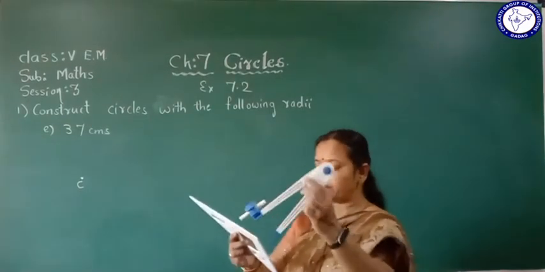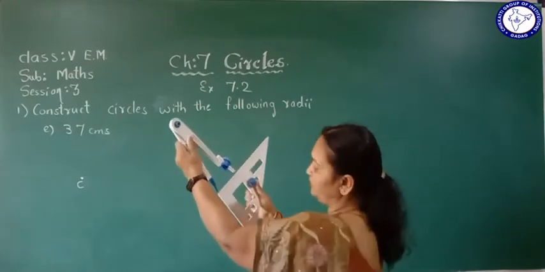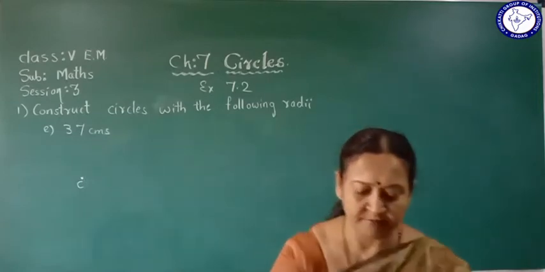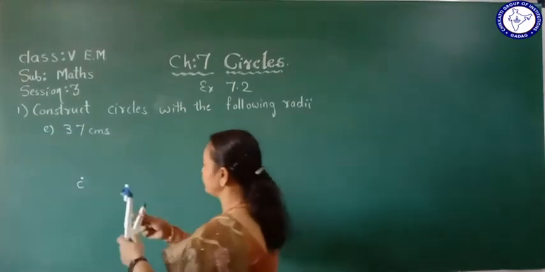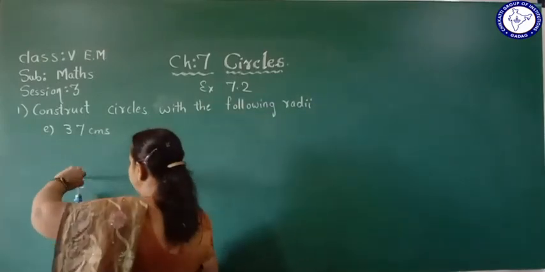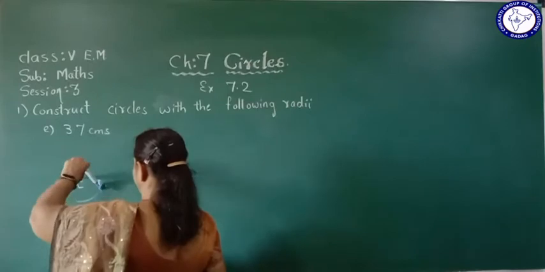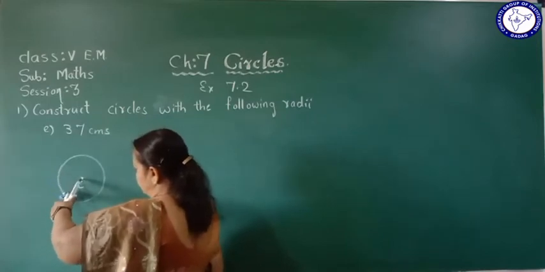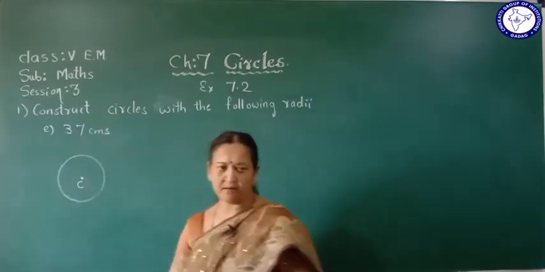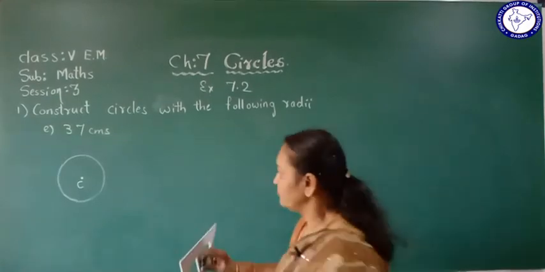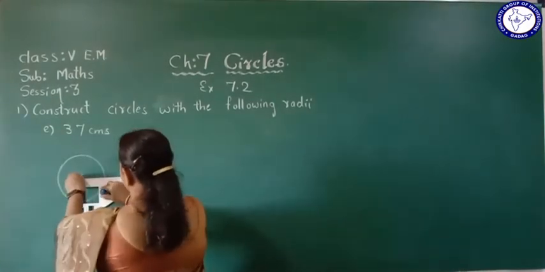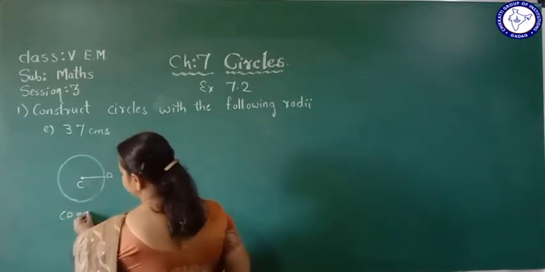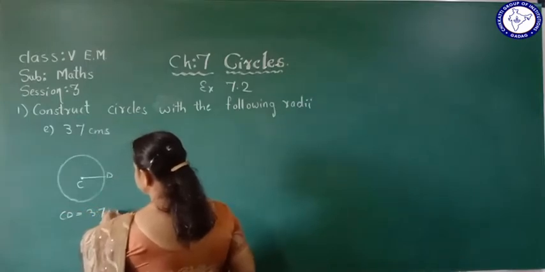So keep the pointed part on 0 and measure till 3.7. Here keep your compass on the center of the circle and draw the circle. Then join this, name it D. CD is 3.7 centimeters.